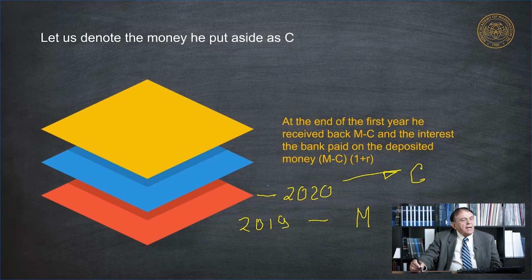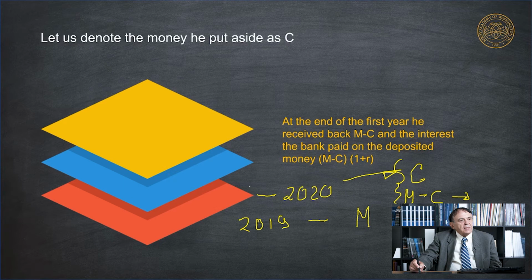So what he does, he puts at the beginning of 2020 some money aside, which is C, and he will pay his bills. And M minus C, he will deposit in the money market account, okay? And this will be at the beginning of 2020.